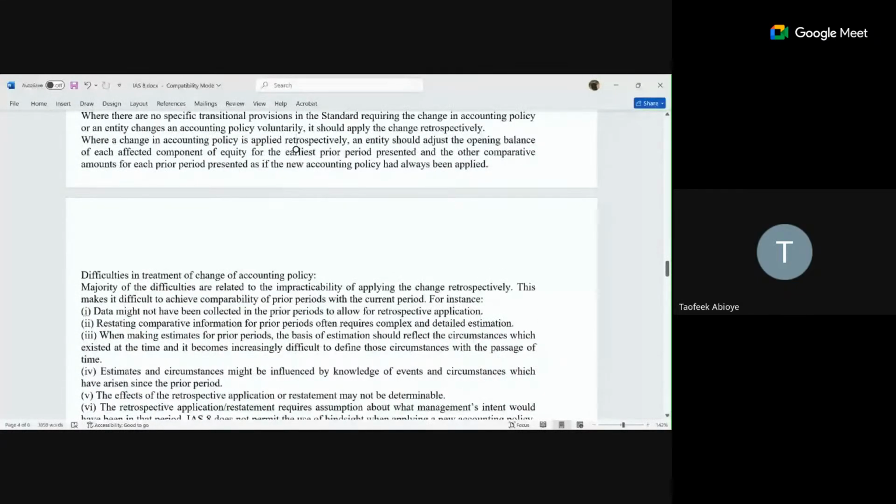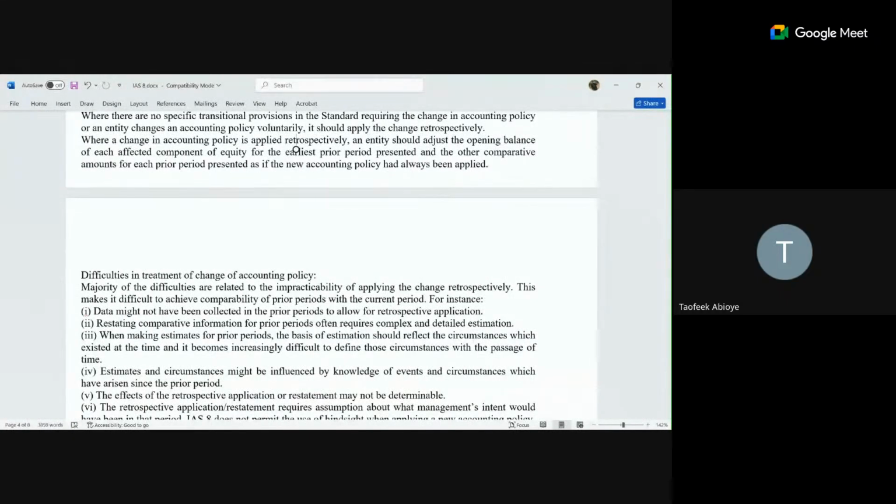So, difficulties in treatment of changes in accounting policy. Majority of difficulties are related to impracticability of applying changes retrospectively. This makes it difficult to achieve comparability of the prior period with the current period. For instance, data may not have been collected in the period to allow for retrospective application. Restating comparative information for prior periods often requires complex and detailed estimation.